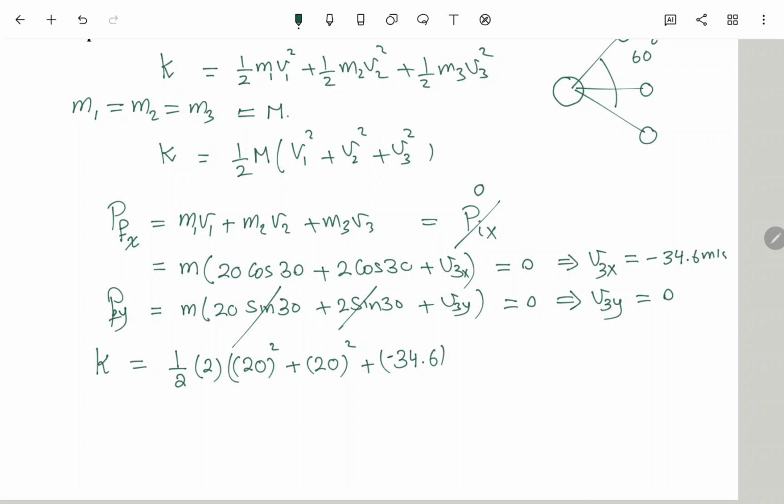Negative here doesn't matter because it's a square, this one here, or 400 plus 400 plus 1197. In total, the released kinetic energy is equal to 1997.2 joules.